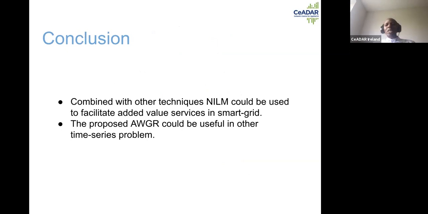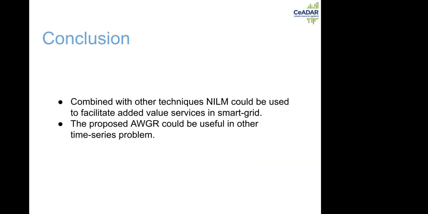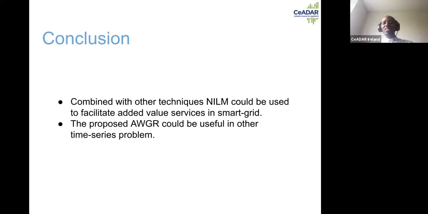To conclude my talk, it has focused on appliance recognition using non-intrusive load monitoring. Most existing work in non-intrusive load monitoring has focused only on providing disaggregated power. But I believe this technique could be combined with other techniques to facilitate added-value services in smart grid or smart power environments.